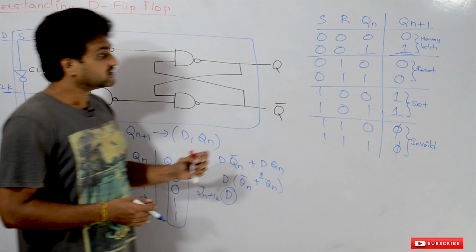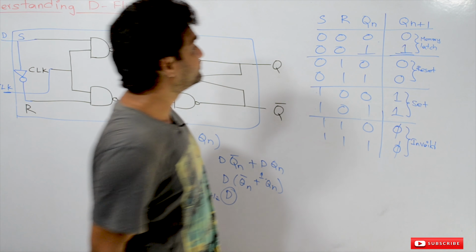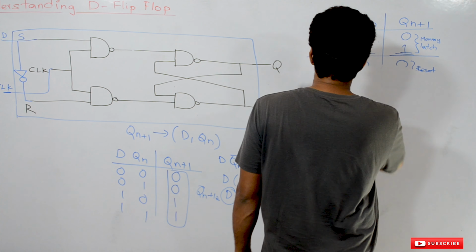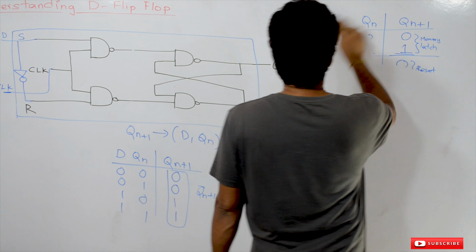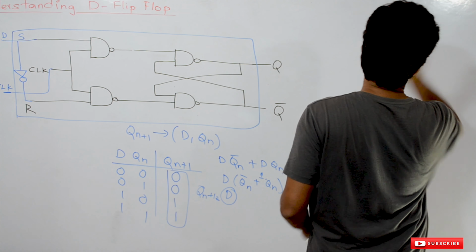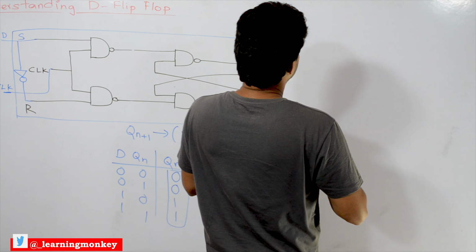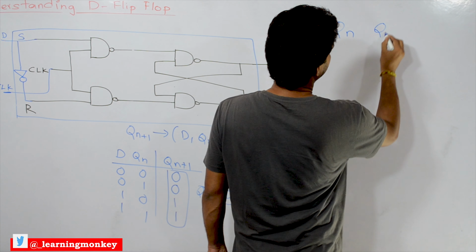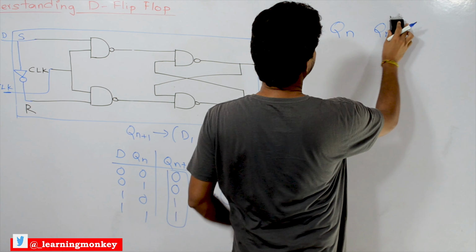Okay, now coming to the excitation table of the D flip-flop. What is the excitation table for D flip-flop? It is based upon Qn and Qn plus 1.